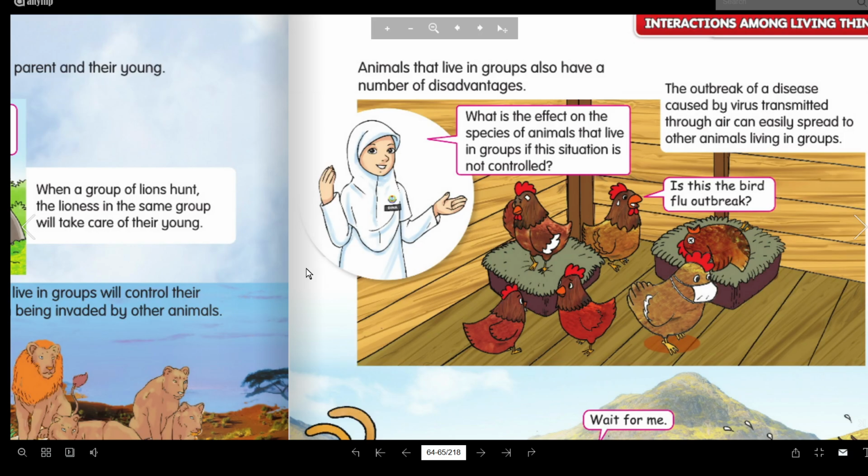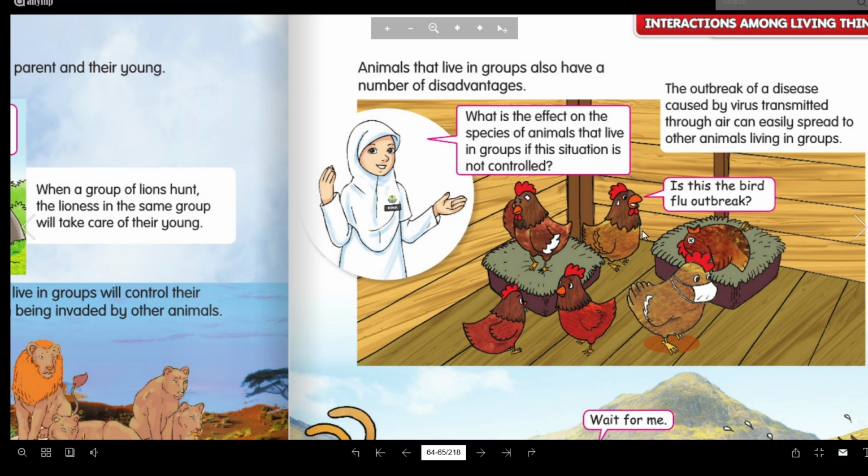But there are some disadvantages also. Let's learn about that. What is the effect on the species of animals that live in a group in this situation? As you can see, there is a disease outbreak, and let's suppose this is some virus.